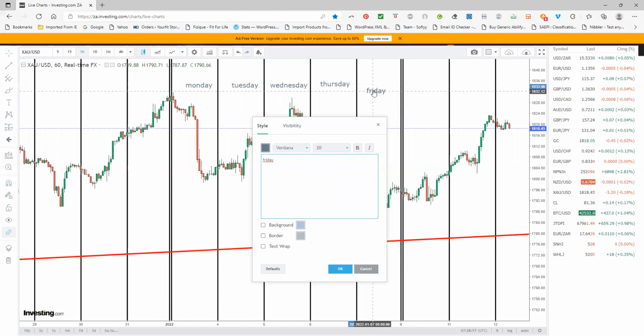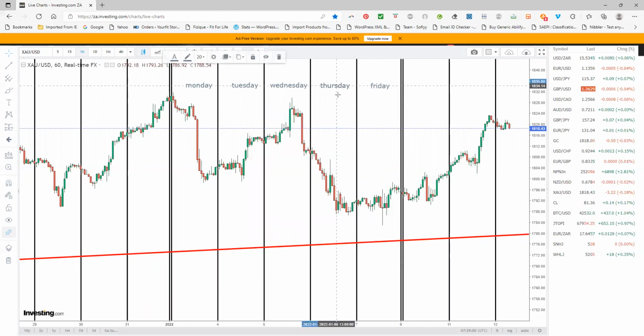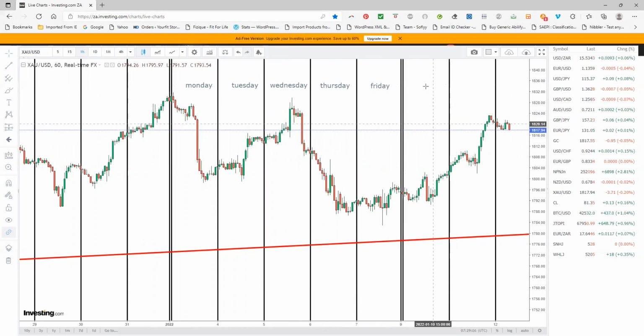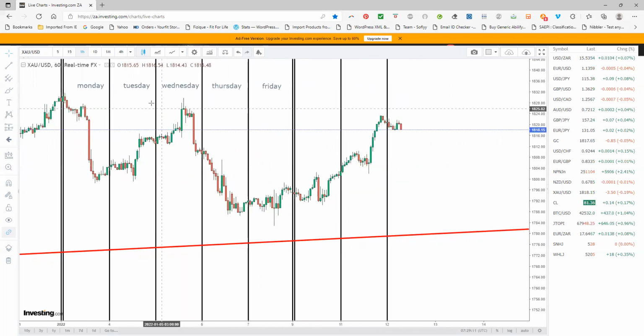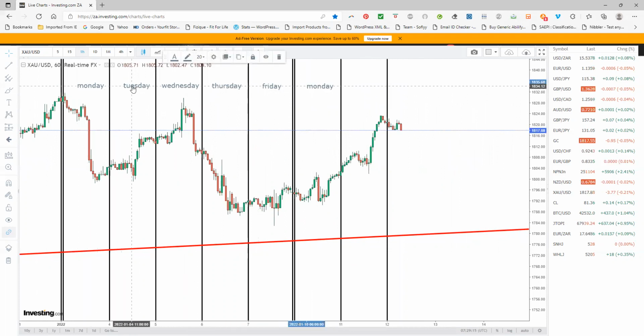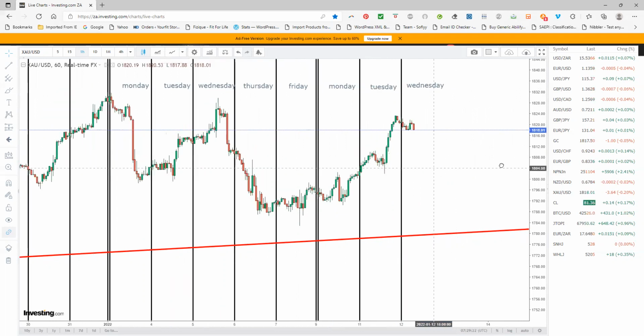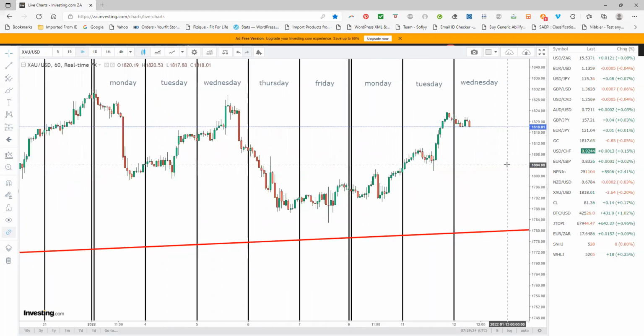And Friday. This is weekend. Weekend. Monday, Tuesday, Wednesday. Right. Monday, Tuesday, today's Wednesday. Right. So we understand, we're looking at the chart for last week and this week.